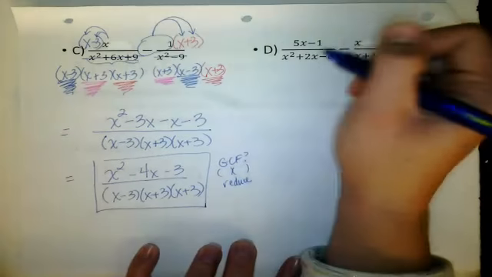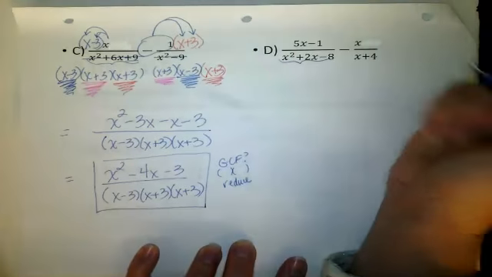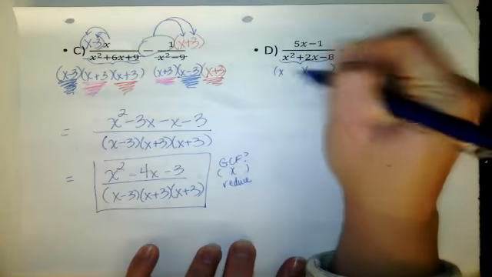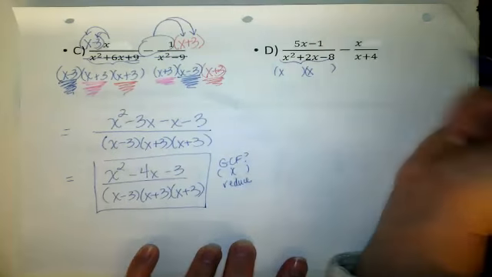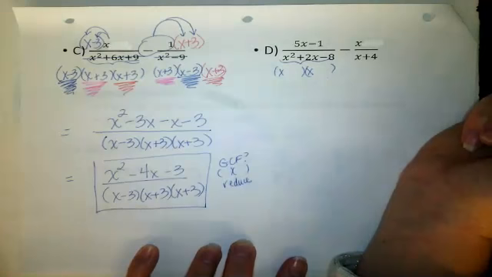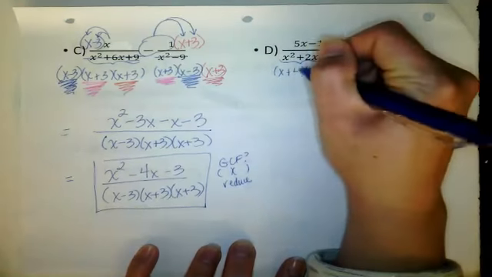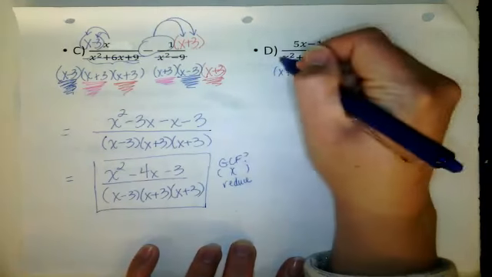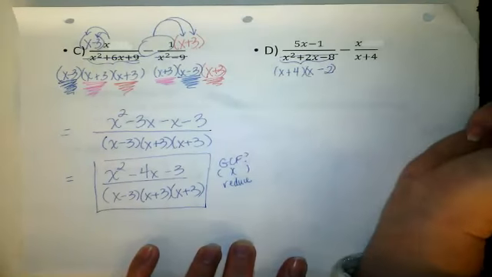Factor first. And take my denominator and factor it. X times x is x squared. What times what is negative 8? Good. We're going to take a positive 4 and a negative 2. So rewrite that as bubbles.